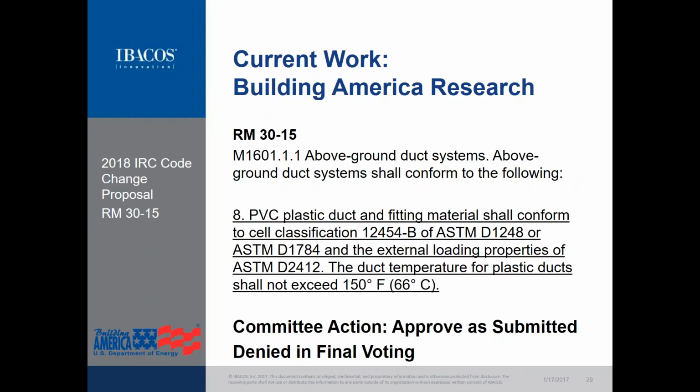This was really a baby step to start to move towards the allowance of plastic materials. As Anthony talked about, there are some inherent advantages to using plastic ductwork, and so we wanted to take the steps towards that goal. Again, it was approved by committee action as submitted, but ultimately denied in final voting.